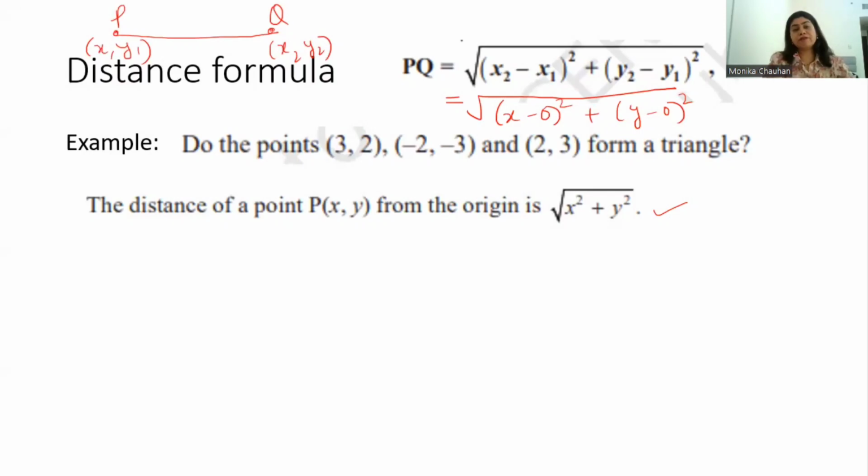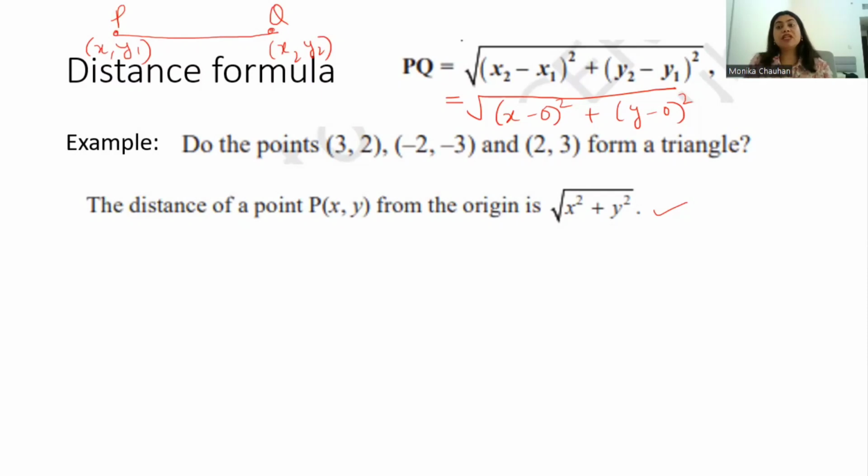If they ask you, suppose these points form a triangle, how do you prove it? If the three sides are given, how do you know whether they will form a triangle or not? To start with any question, you should know the property first. Once you know the property, then you can move forward. To form a triangle, the sum of two sides should be greater than the third side.